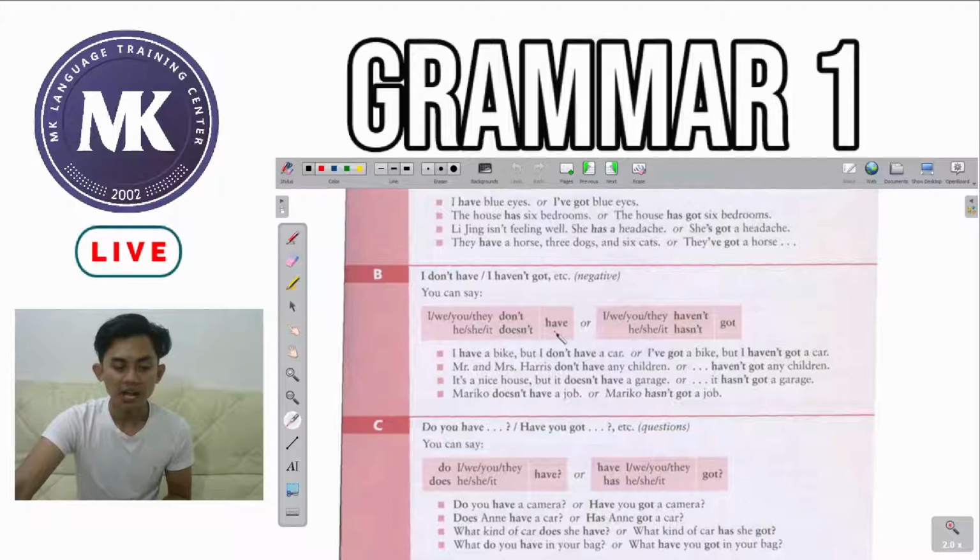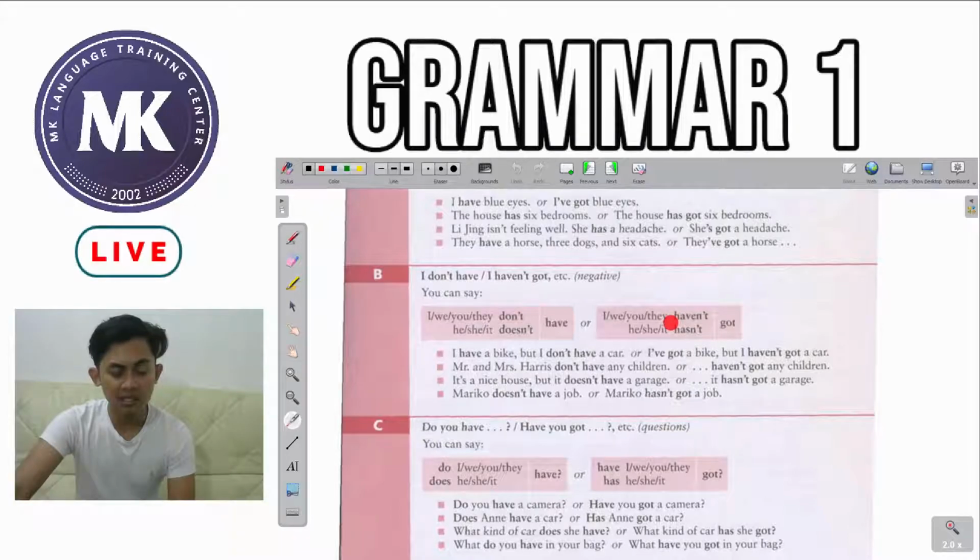Okay. Now we'll talk about the got, if it's have got or has got. So, for the pronouns I, we, you, they, we must use the contraction of have not, haven't. See?